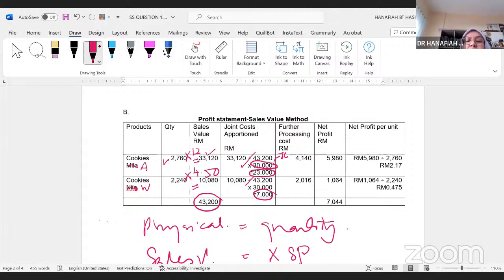From here, you minus further process 4,140.